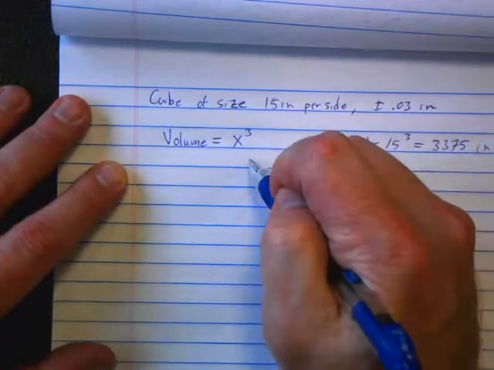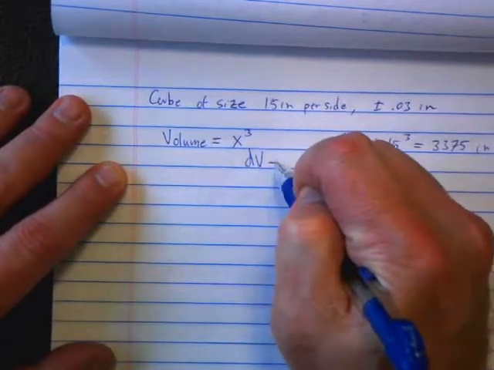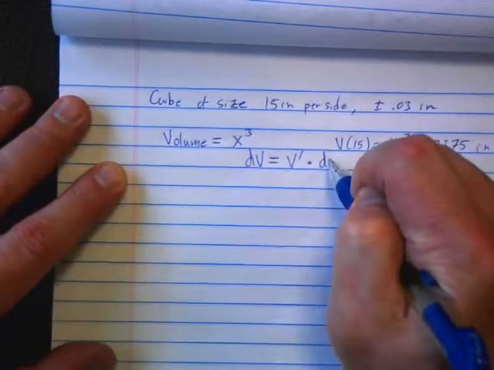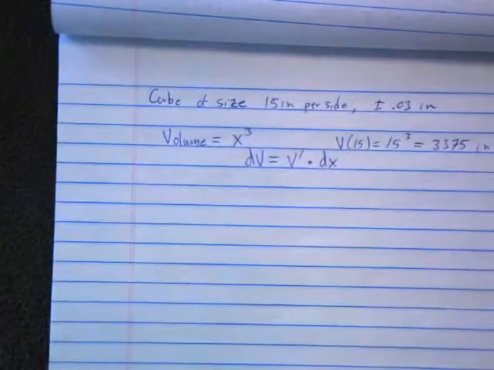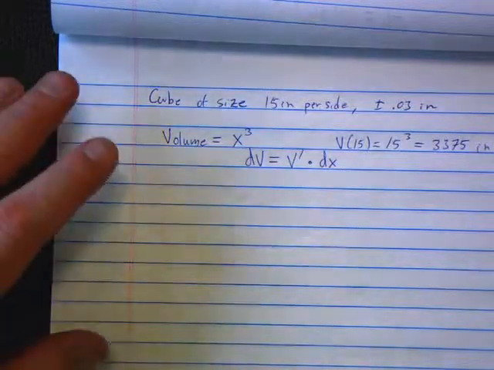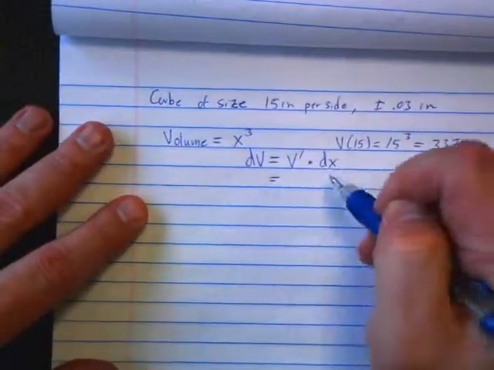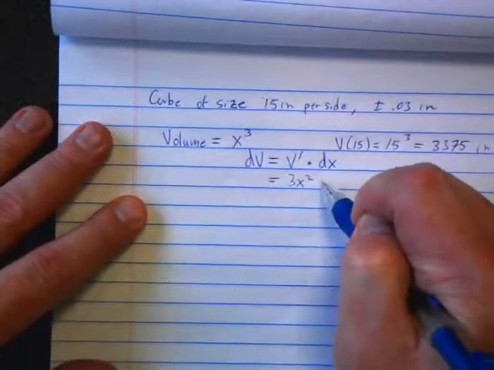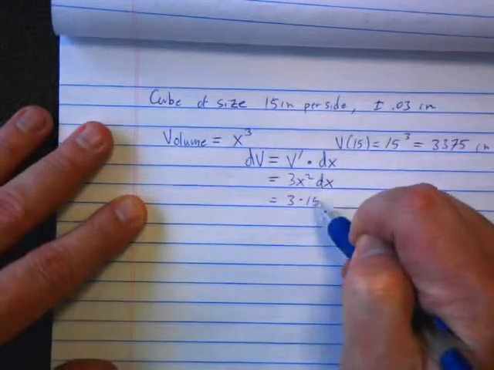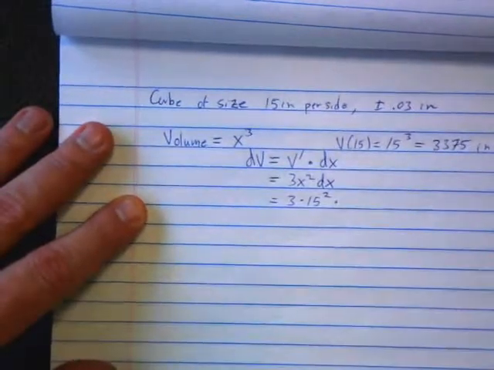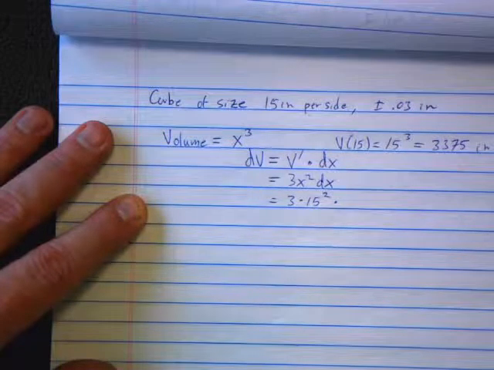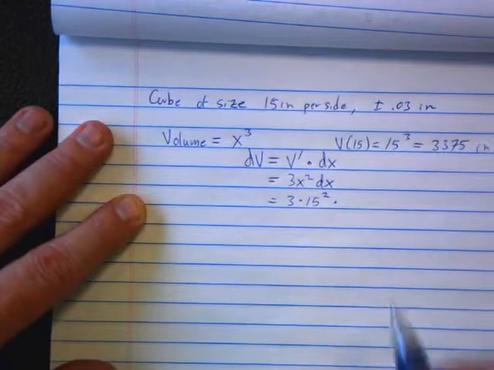Then we find the error. The error dV is going to be V prime times, in this case, dx, because we used x for our variable. What's V prime? 3x squared dx. So that's going to be 3 times 15 squared times dx. What's dx? Plus or minus 0.03.